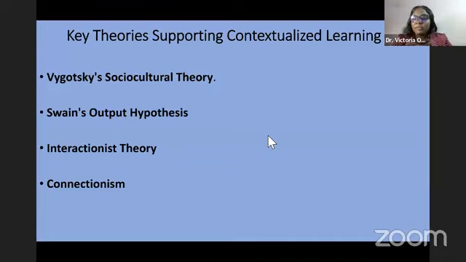Swain's hypothesis also posits that when we want students to learn a language, and especially the rules, then we should contextualize the learning by highlighting the importance of interaction and practical use of the language in real life situations. So more like connecting meaning to emotion.